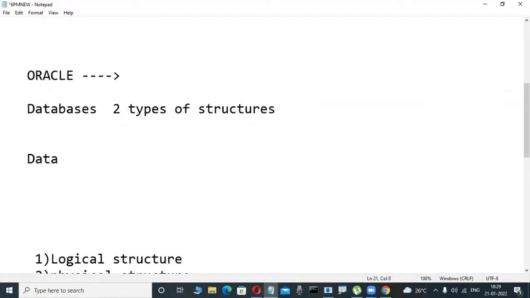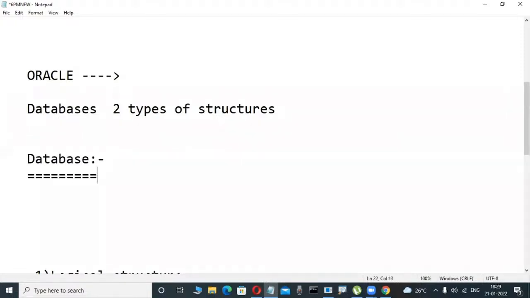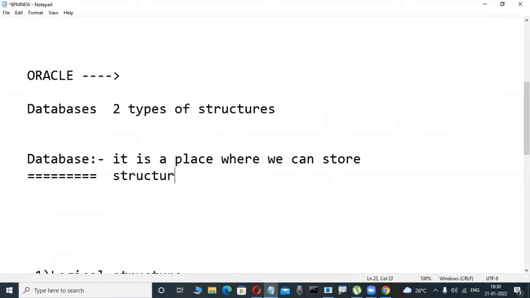What is a database? If anybody looks in Google or in books, it is a place, don't read it, a place in a computer system where we can store a structured collection of data. What is data? What is information? What is DBMS? That is later. Structured collection of data.